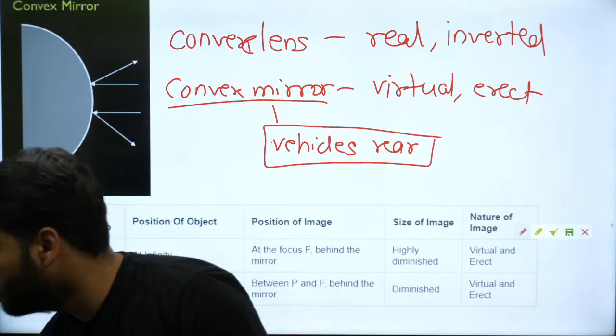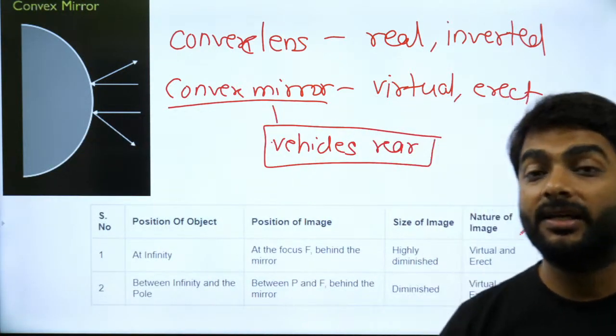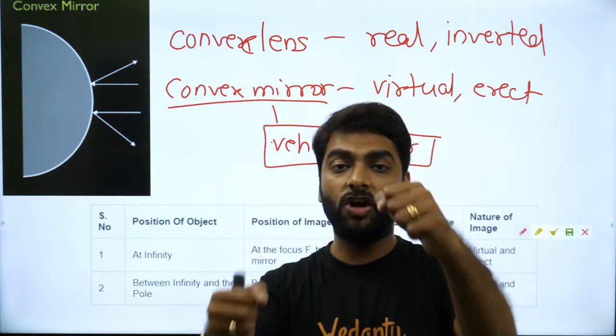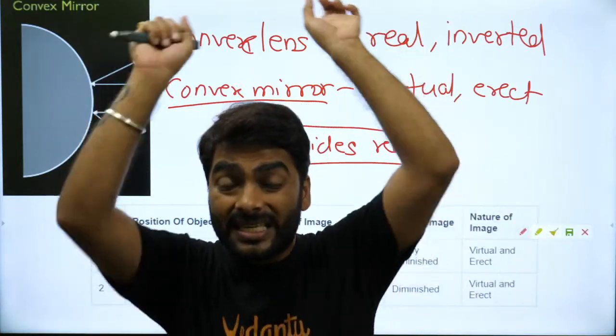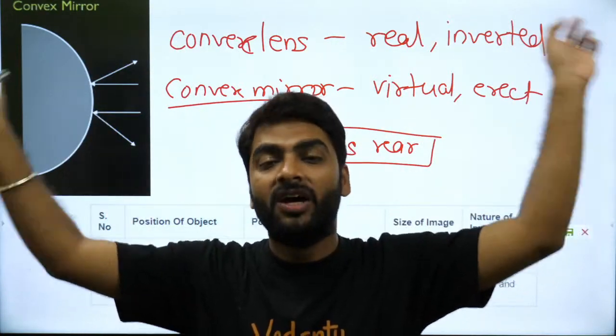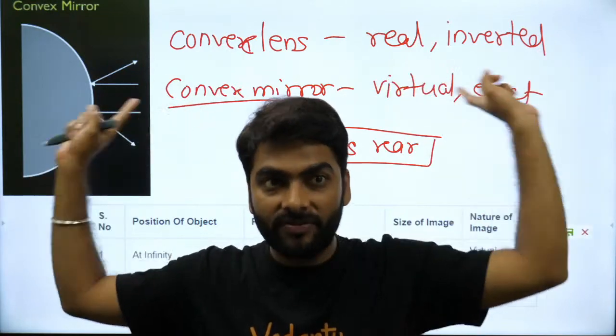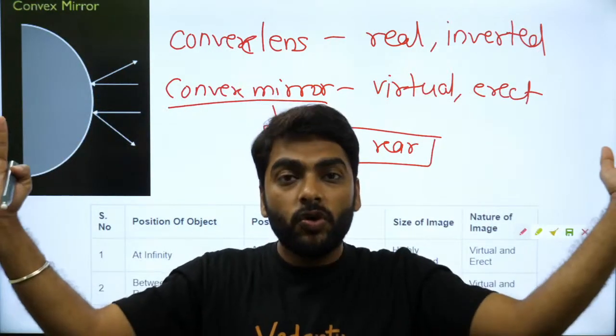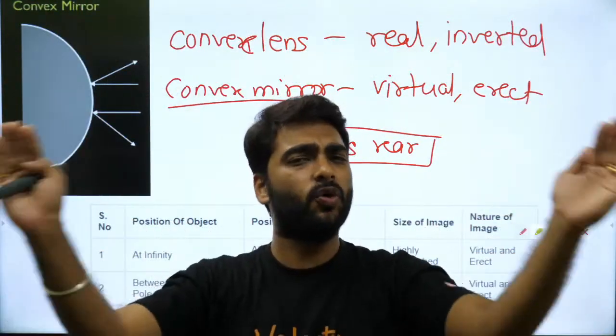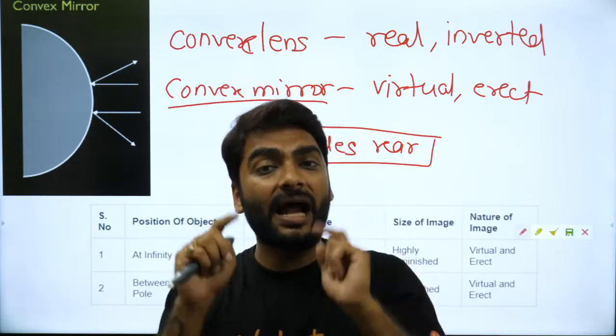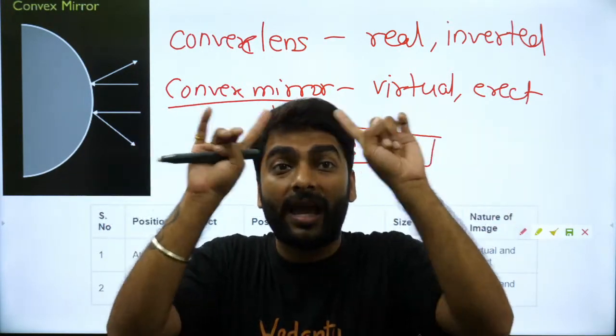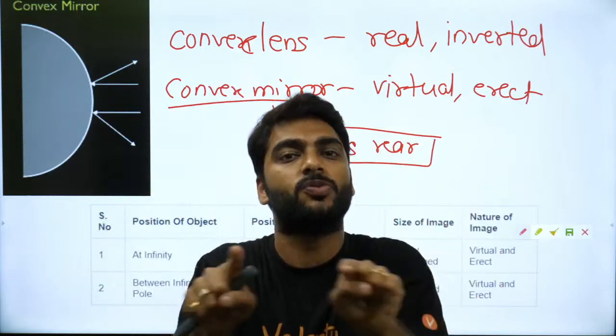So what I was saying is that when you're driving a vehicle, you have to see the entire road, whatever is going on behind you, right? When you have to see the entire road through one small mirror, that mirror should be able to accommodate the entire road in that small space.